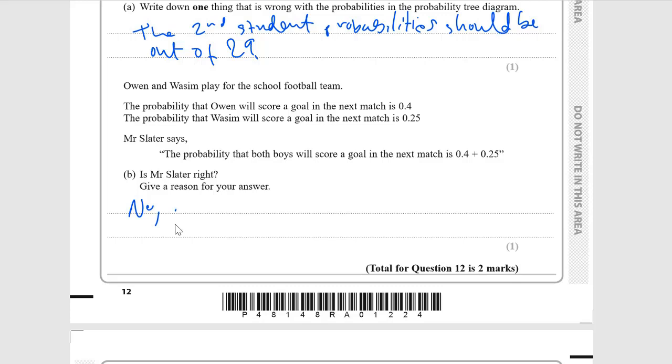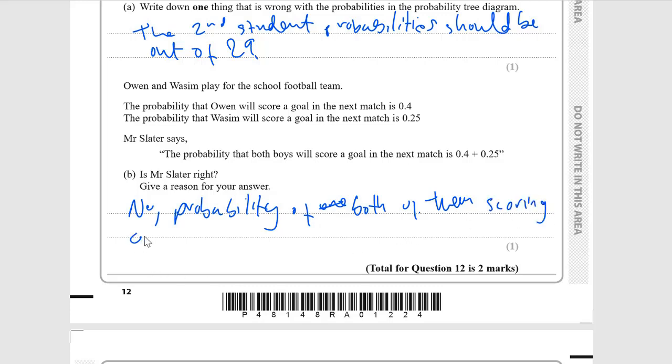So the probability of both of them scoring cannot be greater than one scoring.